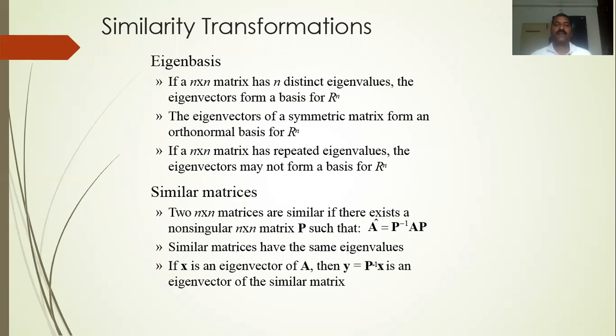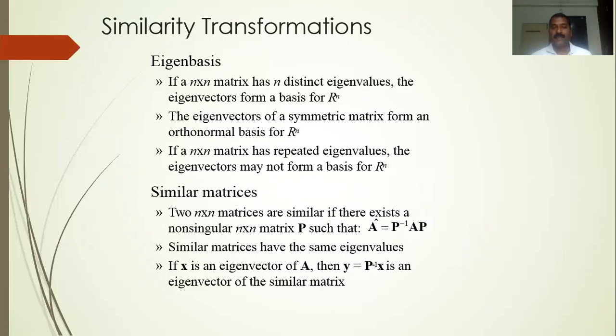Now, a couple of properties we use in future. We have seen in the last class that if A is a square matrix of order n and it has n distinct eigenvalues, then with the help of those eigenvectors, I can have a basis.